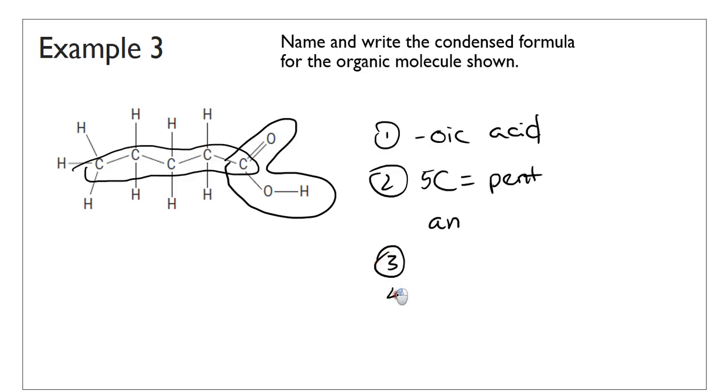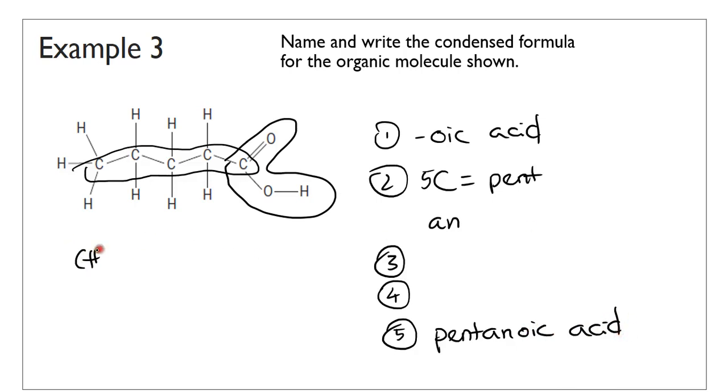No branching. You don't have to number the carboxyl group. So pent-an-oic acid, or pentanoic acid. Condensed formula: CH3, I'm going to combine these, so CH2 cubed, not cubed, sorry, 3, COOH. That would be the condensed formula.